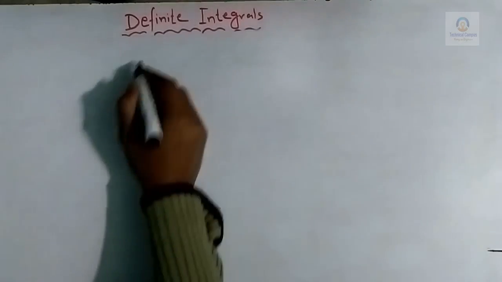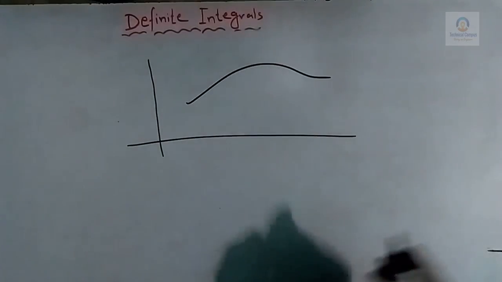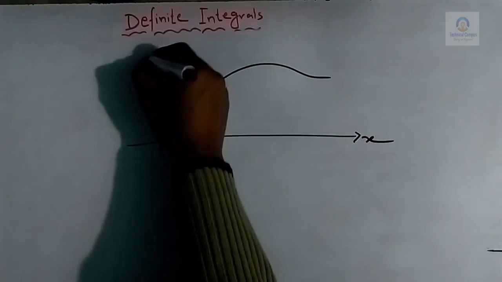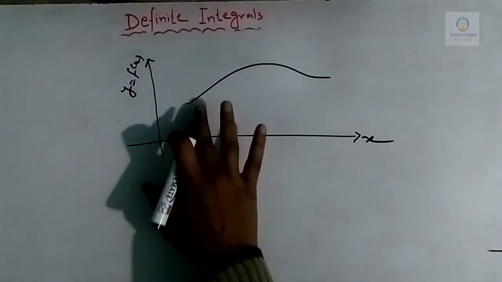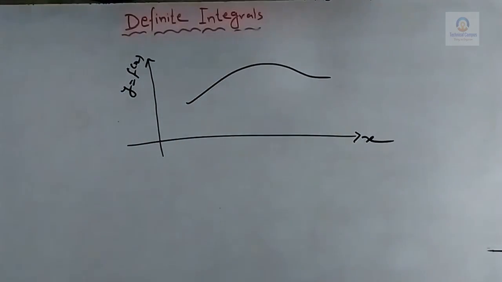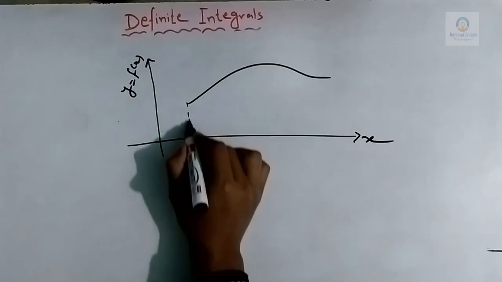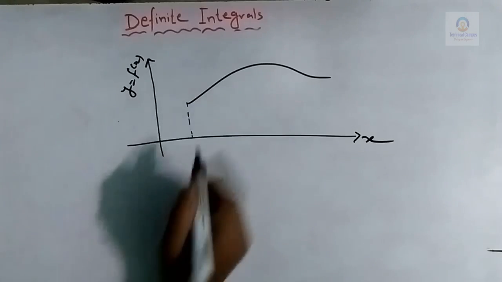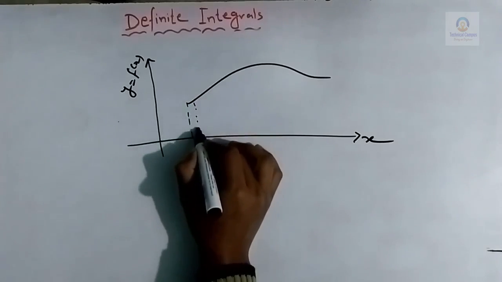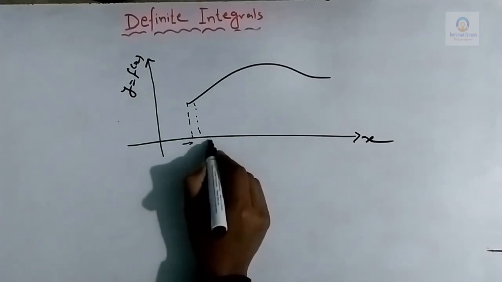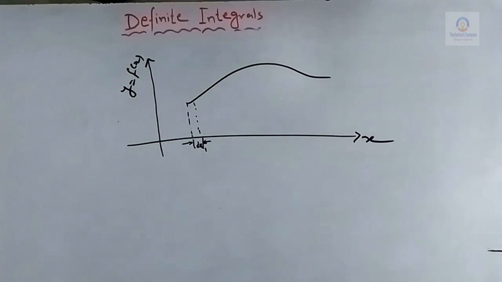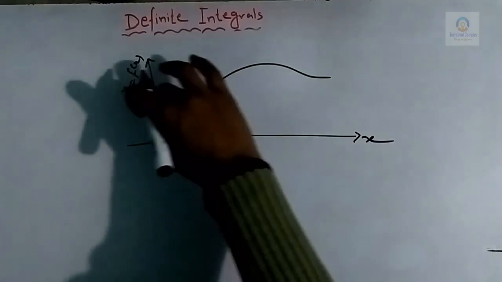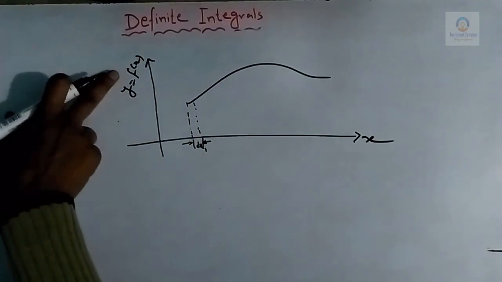Suppose we have a function f of x whose graph is like this, okay? So this is the x-axis and this is the y-axis. y is equal to the function f of x, okay? So this is the graph of the function f of x. Now consider a small element of this graph, suppose this length is dx1, and this height corresponds to the height of y, that is f of x.